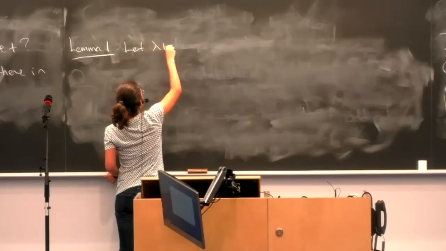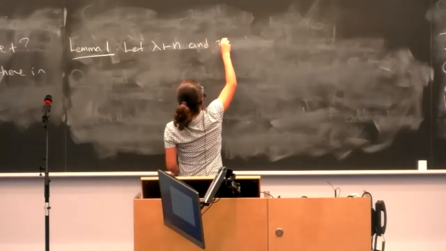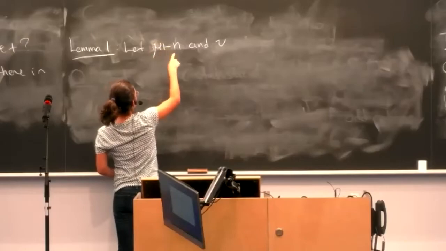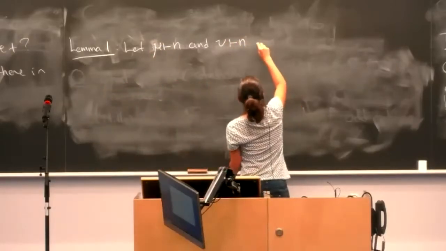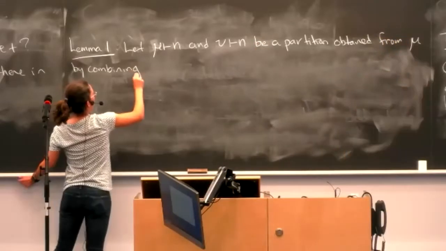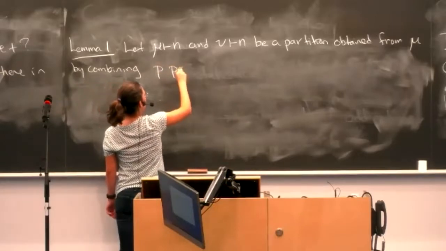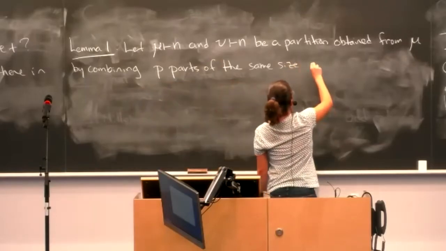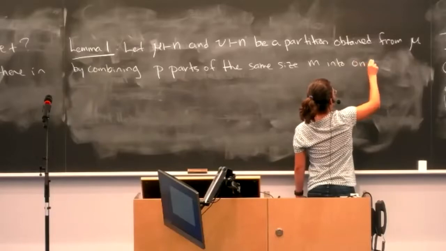Let mu be a partition of n, which is what this symbol means. And nu be another partition of n that is obtained from the partition mu by combining any p parts of the same size, say m, into one part of size p times m.